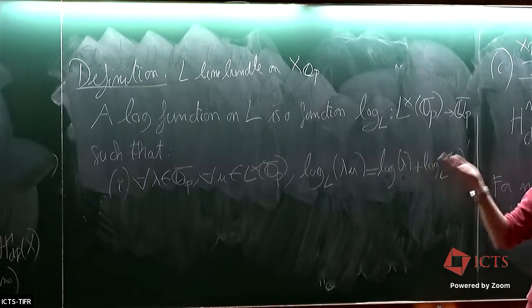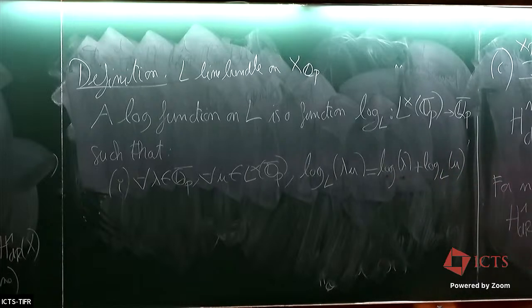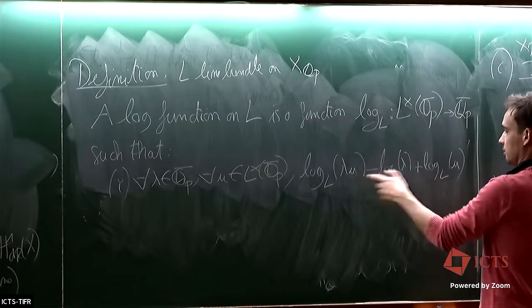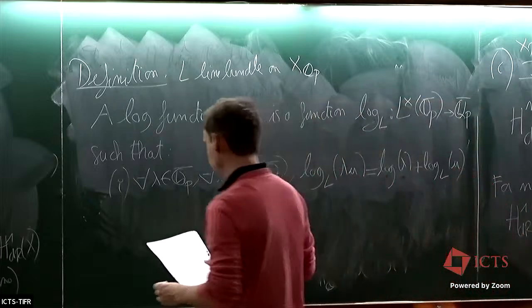So maybe I just say QP, but it's the same. I normalize by log of P equal to 0. Okay, so this is well defined as a function on QP bar star. So P linear, that's fine.